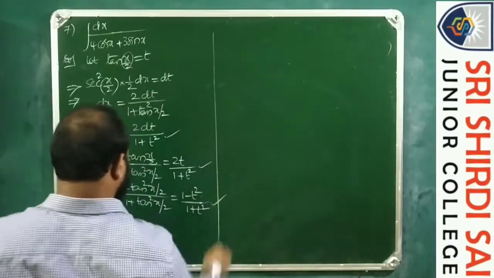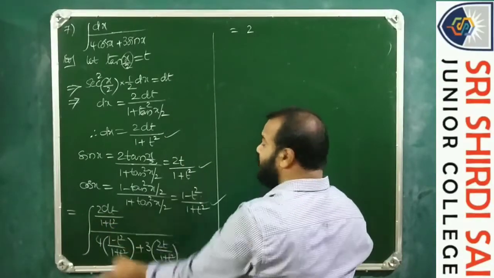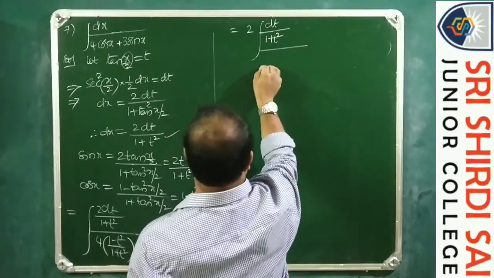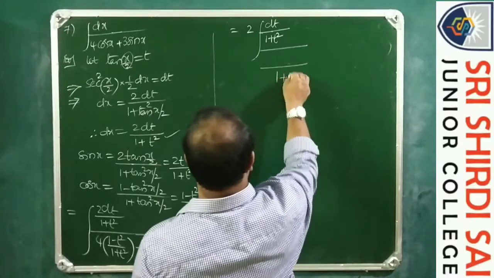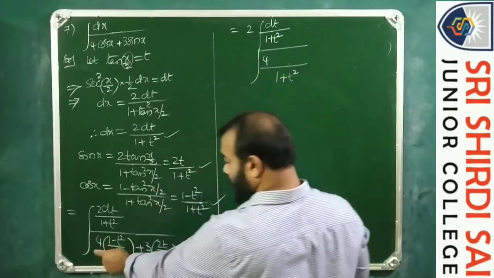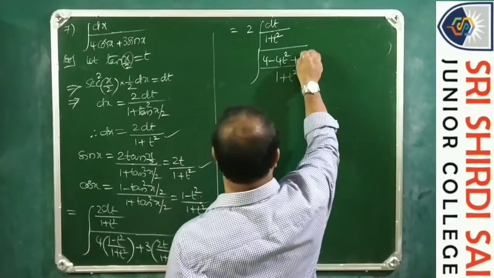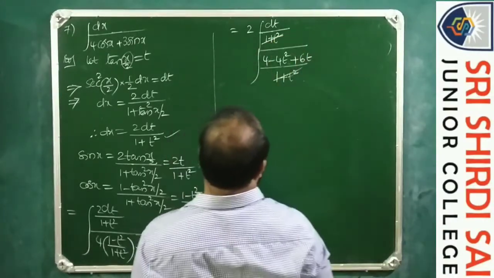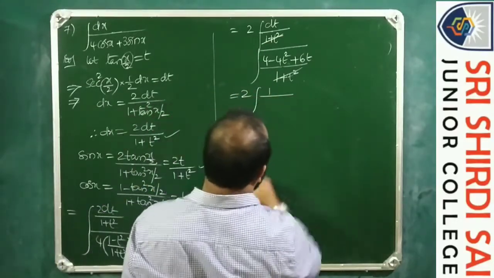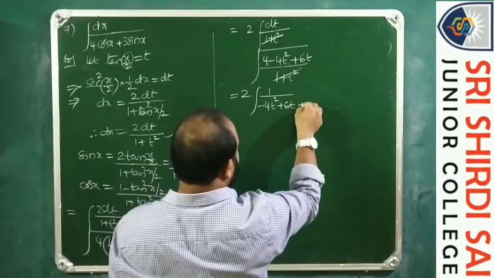So this implies 2, I'll write outside since this is the constant, dt by 1 plus t square. Here 1 plus t square is the LCM. So this is 4 minus 4t square plus 3 into 2t, 6t. So 1 plus t square gets cancelled. 2 into 1 by minus 4t square plus 6t plus 4 dt.